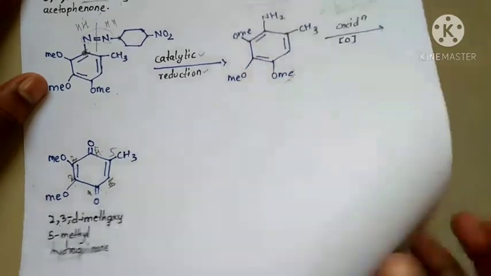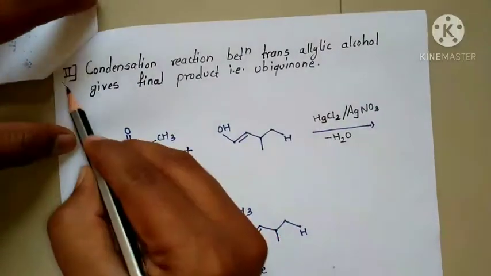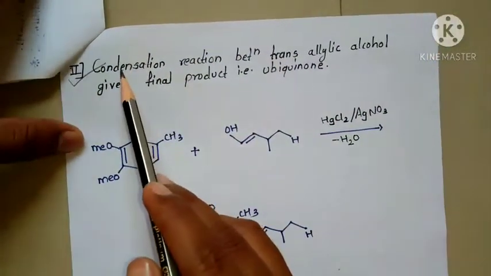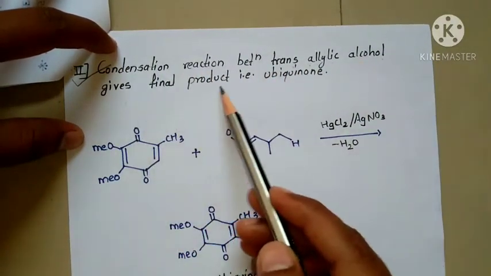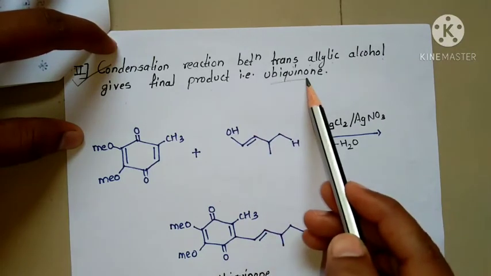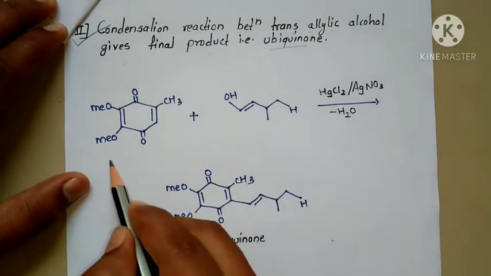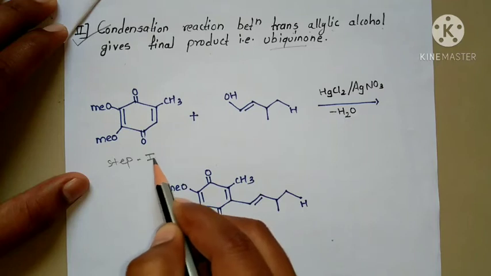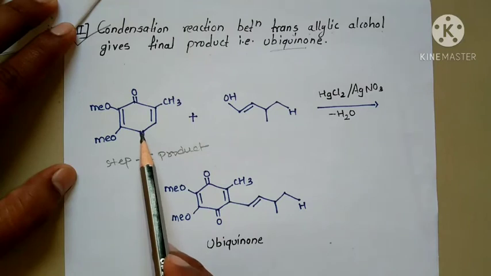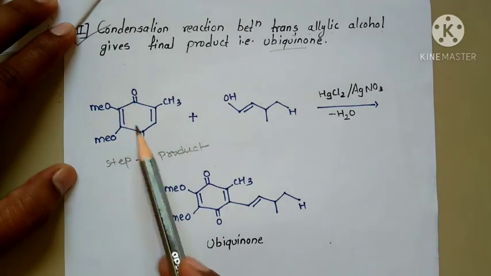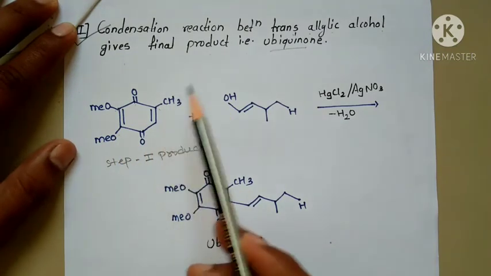Okay, so then your next step is the last step of ubiquinone synthesis. Condensation reaction with trans-allylic alcohol gives the final product, that is ubiquinone. So this is the last step of ubiquinone synthesis. We have to take the step 1 product. At position 1 and 4 C double bond O, then second and third position have a methoxy group, and 5th position has a CH3 group.